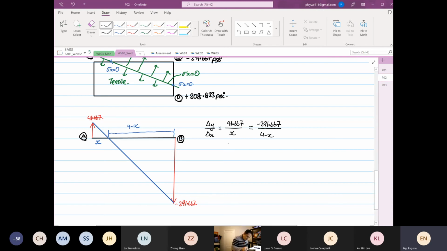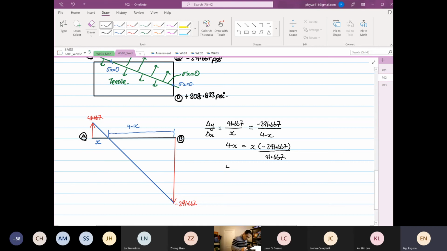So 4 minus x, so this is x multiplied by minus 291.667 divided by 41.667. So 291.667 divided by 41.667 is equal to minus 7.